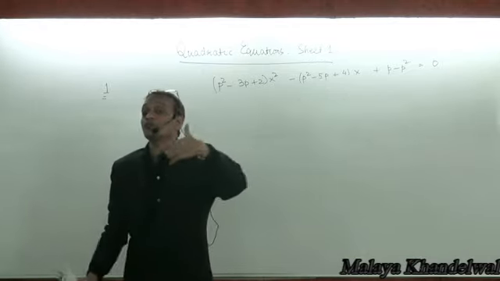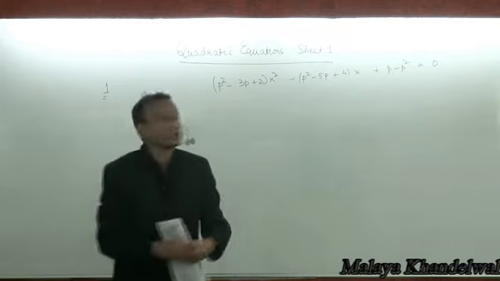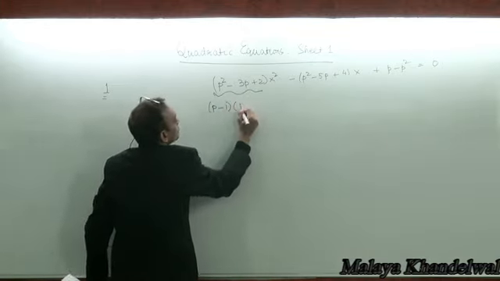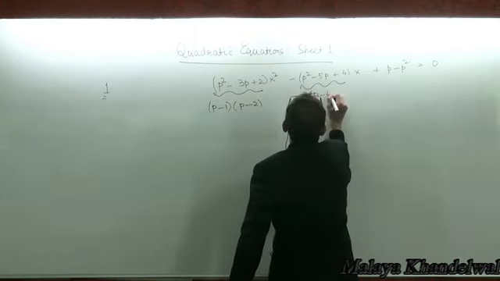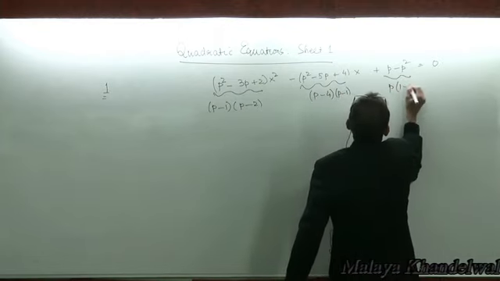Let me find the value of p for which the coefficient of x squared, the coefficient of x and the constant term, all of them become 0. Now this one is simply (p minus 1) into (p minus 2). This expression is (p minus 4) into (p minus 1). This expression is p into (1 minus p).